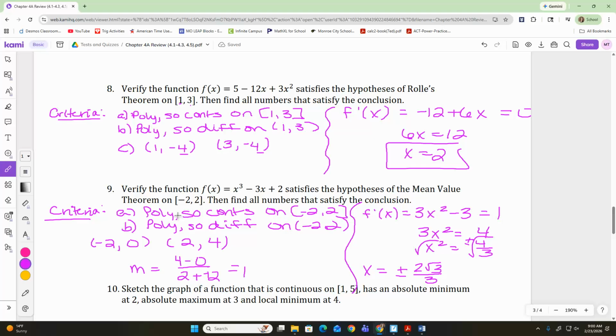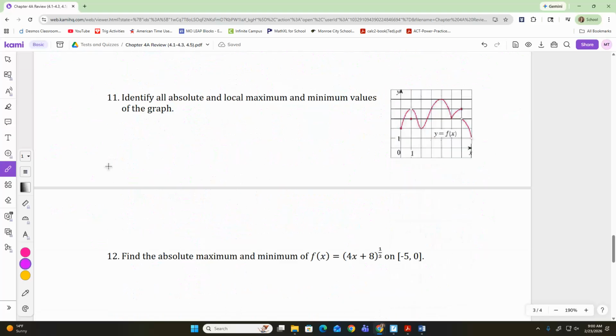Problem 11. We want absolute and local max and min for this graph. You can write these in function notation or as ordered pairs.